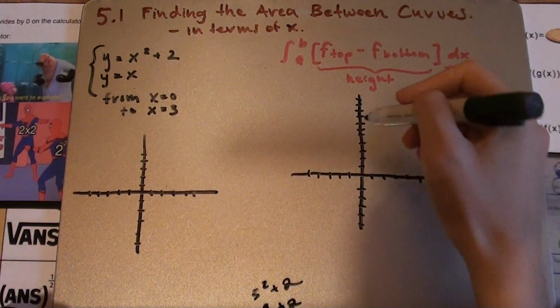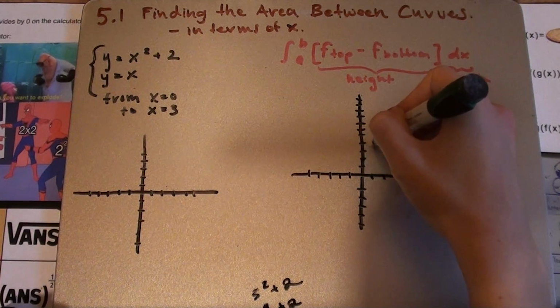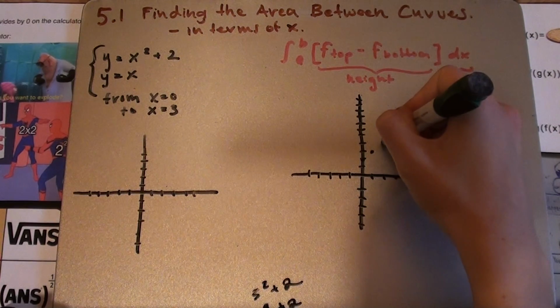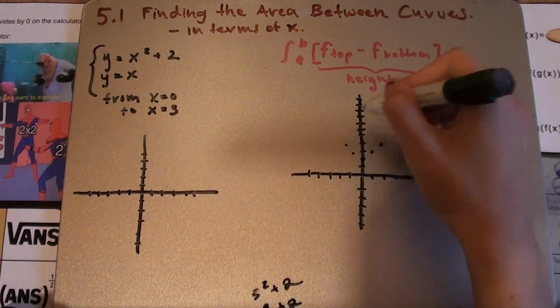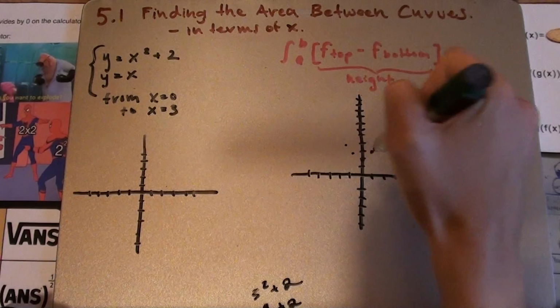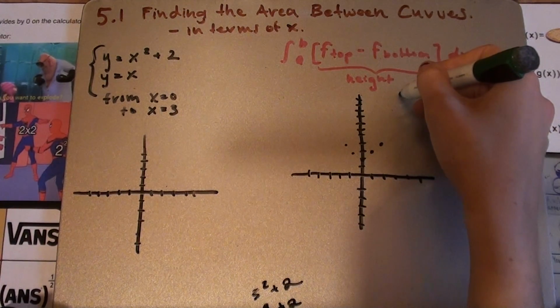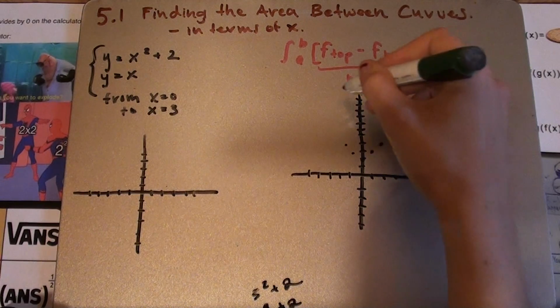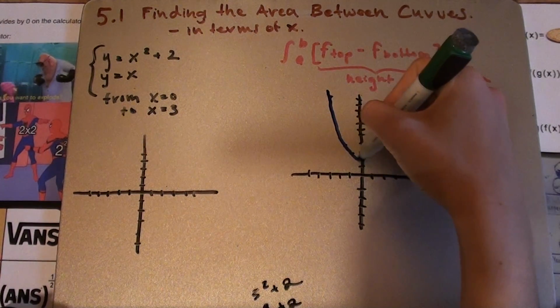So if we're going to graph these, we're going to start here, we're going to have a point here, and a point here, and same for the other side. And then at our bounds, we know at 0 it's going to be 2, and when x equals 3, it's going to be up here at 11. So our parabola is going to look like this.